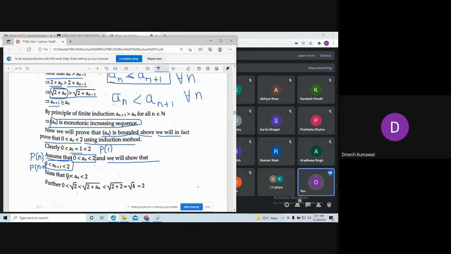Now note that this is our assumption, that is an is lying between 0 to 2. Now further, you just add 2 throughout this inequality. So what are we getting after adding 2 throughout this inequality?